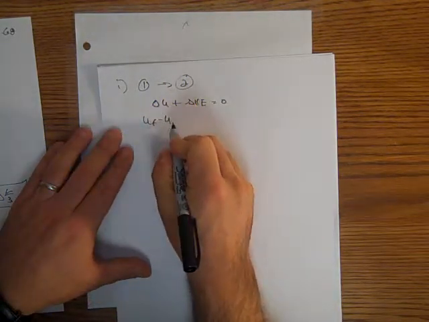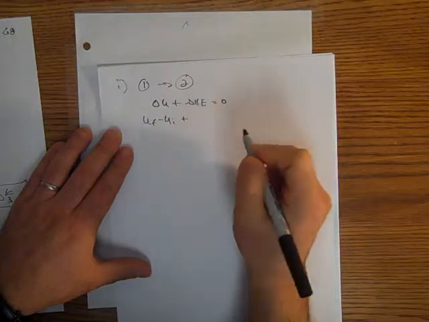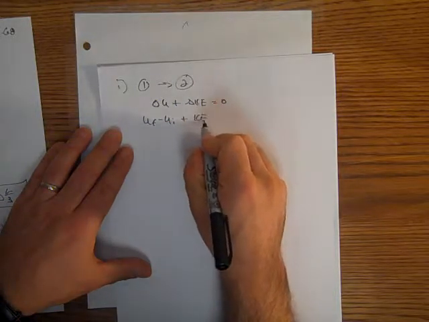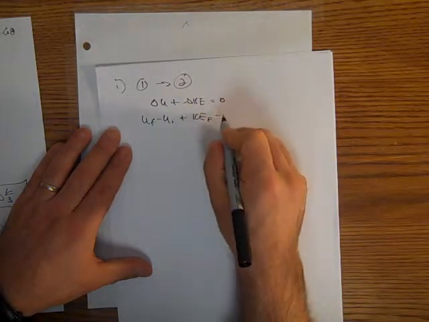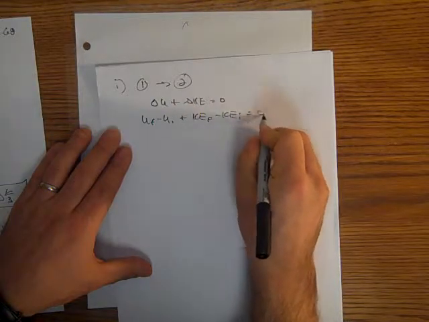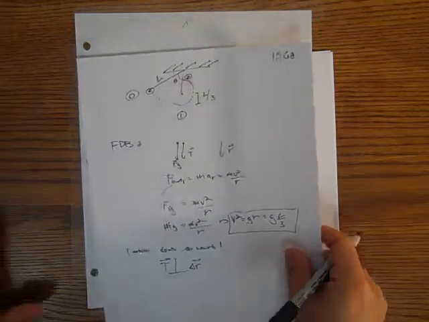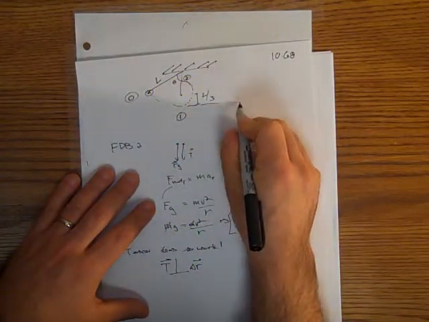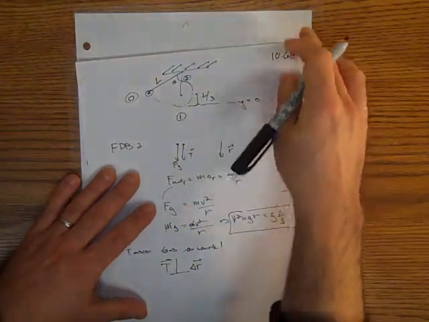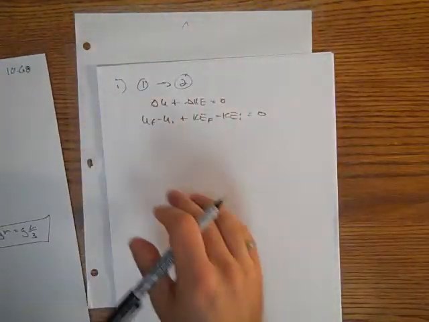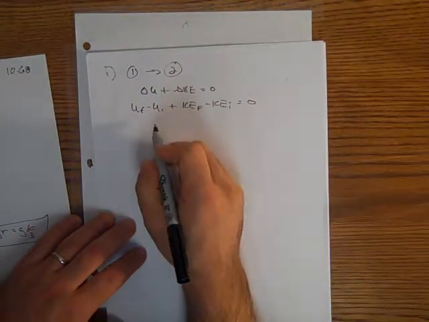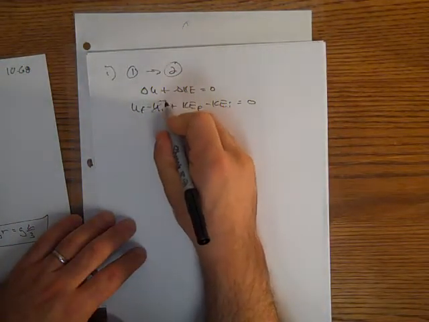U final minus U initial plus kinetic energy final minus kinetic energy initial is 0. Going back to our original diagram, I'm going to set the very bottom to be 0. That makes the most sense in this problem, I think. Which means that the initial potential energy goes to 0.